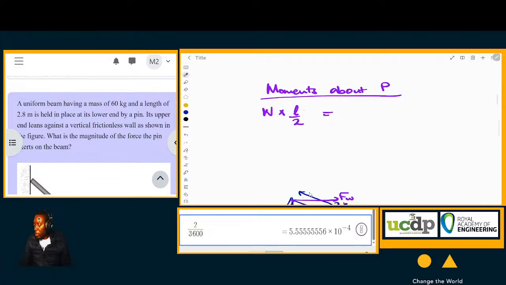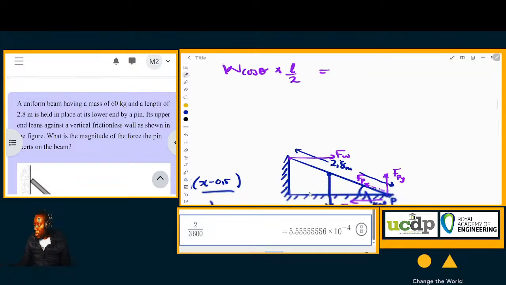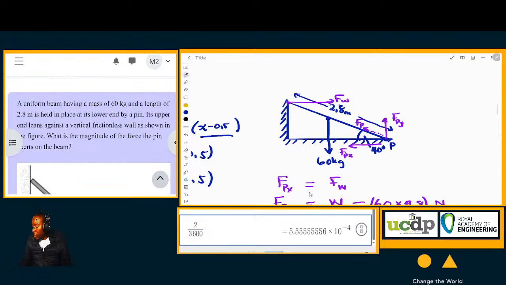Actually, this is a cos theta component, so we can have W cos theta. The one perpendicular to the beam is that component there. That component is W cos theta. Remember that angle becomes theta there.